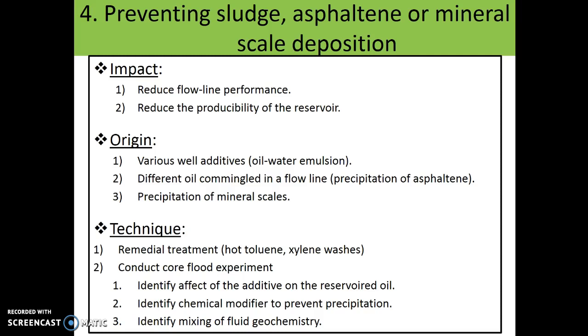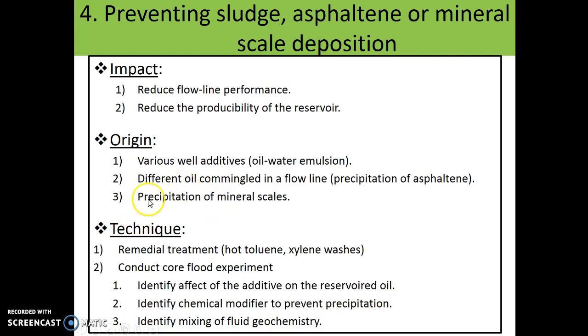Second, differences in commingled oil in a flow line, which cause the precipitation of asphaltene. Also, the dissolution of injectant in the oil, and lastly, the precipitation of mineral scales because of reactions of injectant and rock minerals that usually occur in flow lines, valves, gauges and other surface equipment.